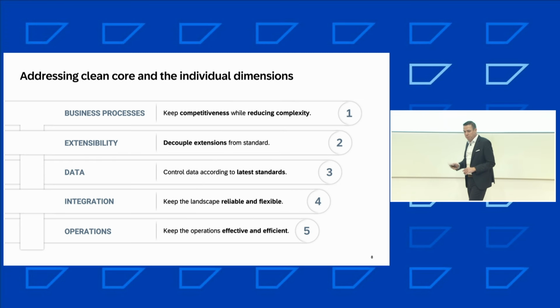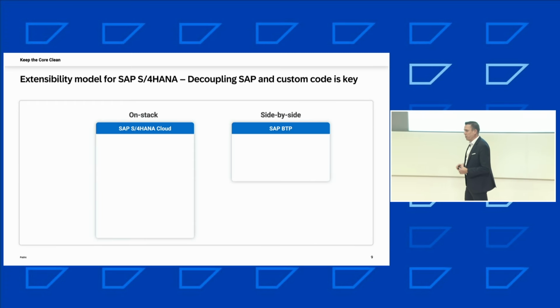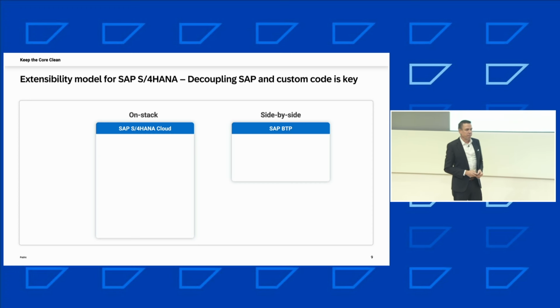Now, when we speak about extensibility, the 3-tier extensibility model is the core concept. And let me take a minute to explain this. We have 2 stacks. One is the S4 system. The other one is BTP.